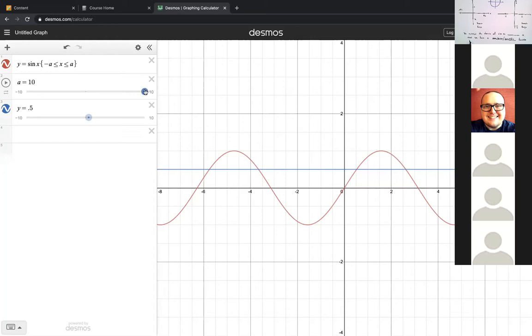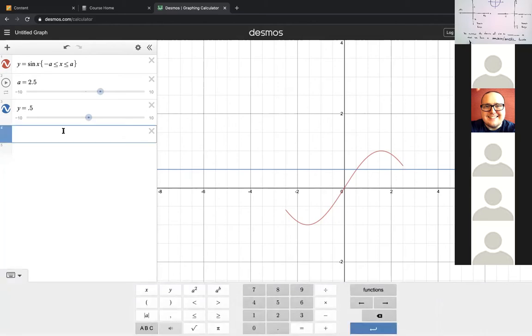So let's just see if we can do that by decreasing the value of A. So you can see how it's getting rid of some of my curve. I still haven't gone far enough. And it looks like at this point, I've gone far enough to not cross that line that I drew in twice.